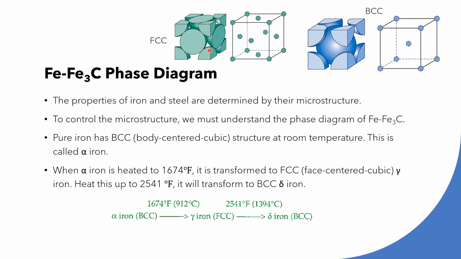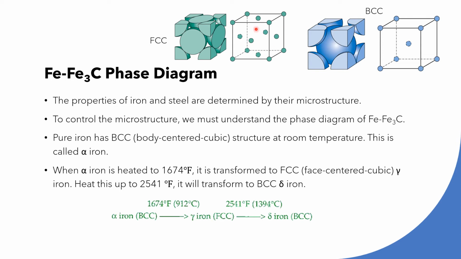So we're going to heat this up, FCC, to 2541 degrees Fahrenheit. And it's going to transform to BCC, into delta iron. Okay. So what's the deal? The deal is your heat. Every time you change the heat, you can see the microstructure changing.